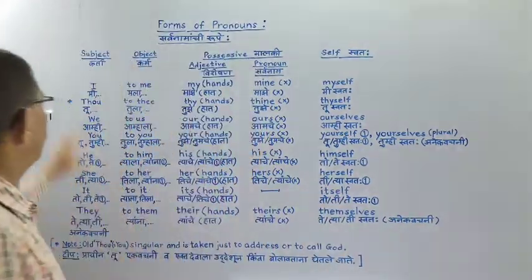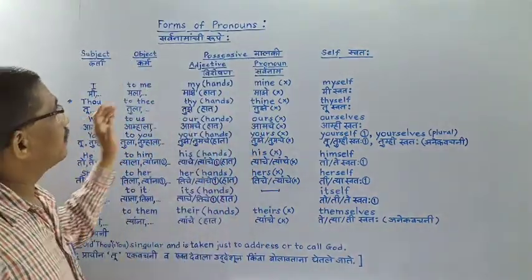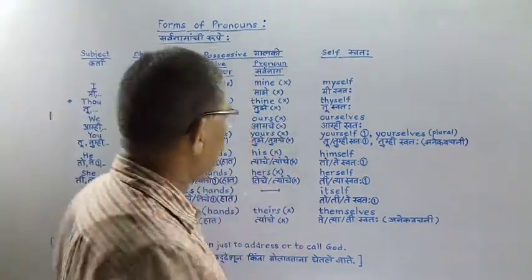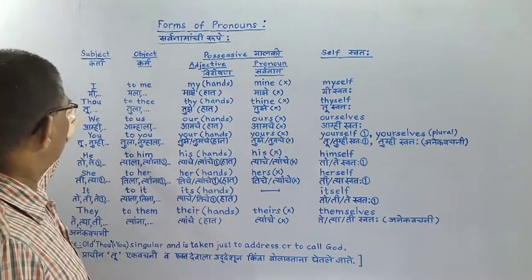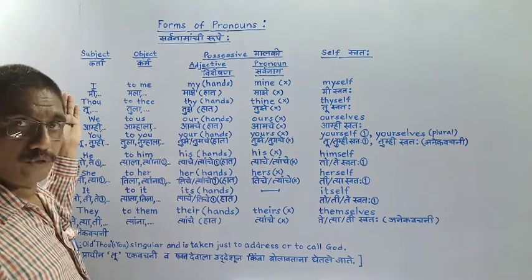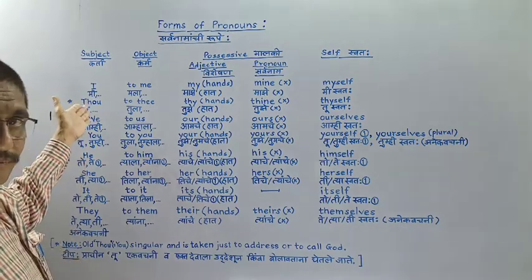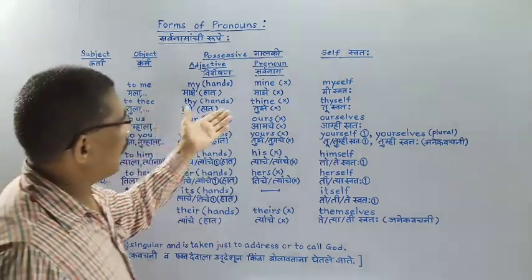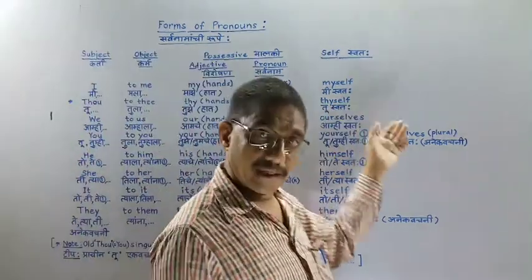Now let us see. I, to me, my hands, mine, myself. And similarly, the old form of you, that is singular you, thou, thou to thee, thy hands, thine, and thyself.